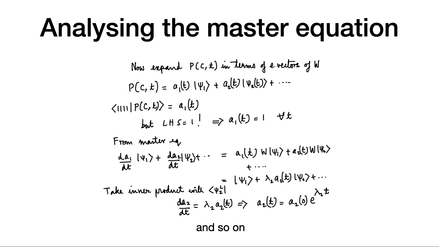But lambda 1 is 0. I made an error here. It is lambda 2 times psi 2 plus so on. And this first term is anyway 0, since dA1 by dt is 0.